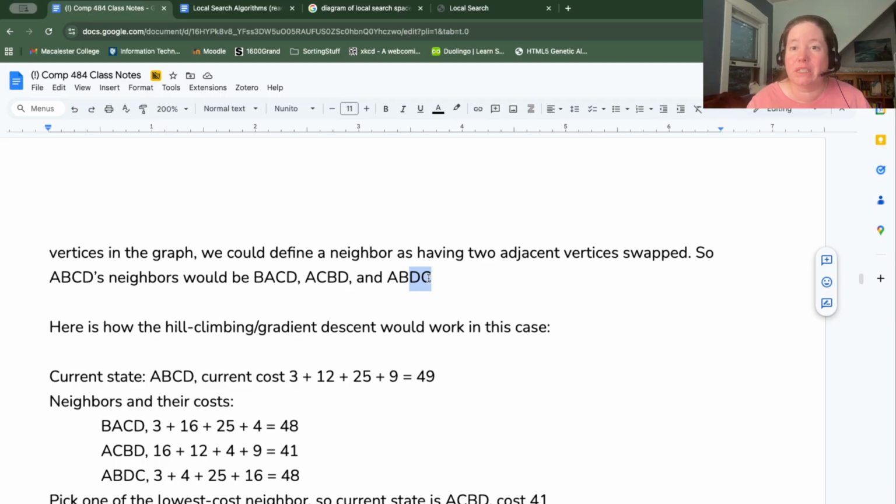There is some similarity among them. The general idea being that if they're similar solutions, they probably have somewhat similar values. And so searching in a place that has high values is a promising way to find even higher values.